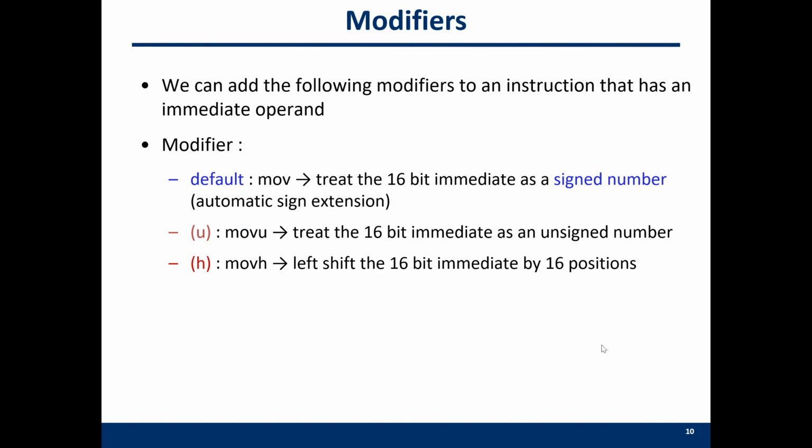So if you want to keep this sign, then you need to use move. The move U can help you to treat the 16-bit immediate as an unsigned number. So if you use move U, you will get a wrong result.